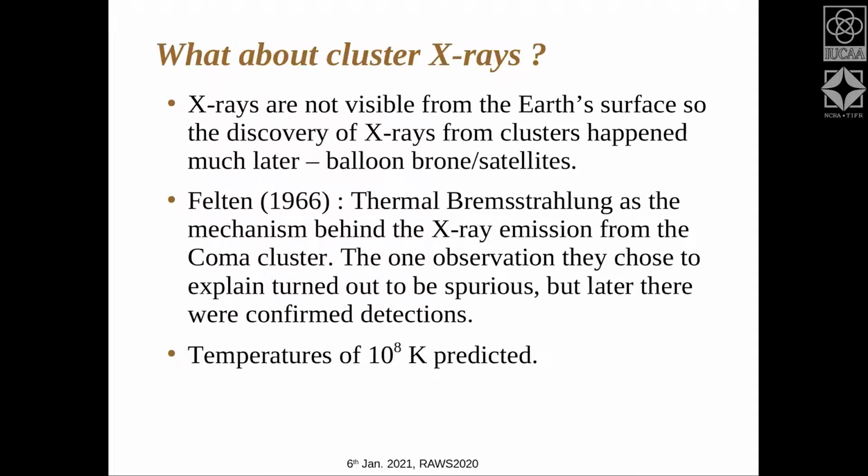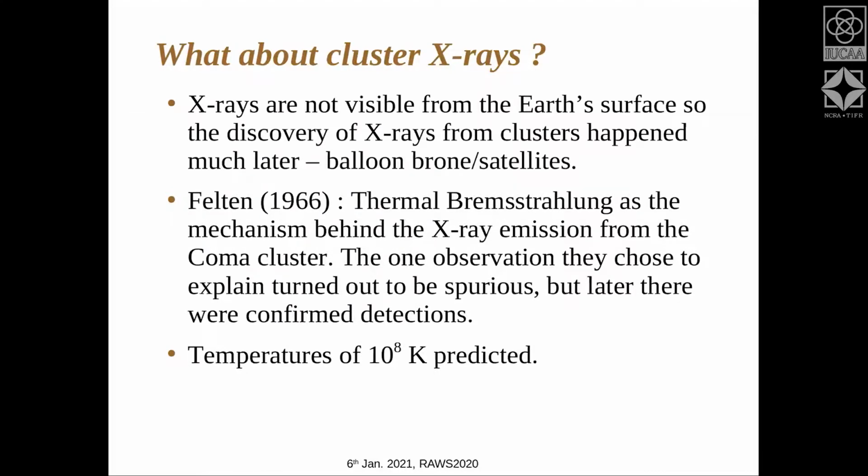In 1966 it was first proposed that this was thermal bremsstrahlung, based on the X-ray properties. This mechanism of free-free emission was considered the most viable, explaining all the properties measured for this X-ray emission. They then predicted temperatures of about 10^8 Kelvin in such systems.